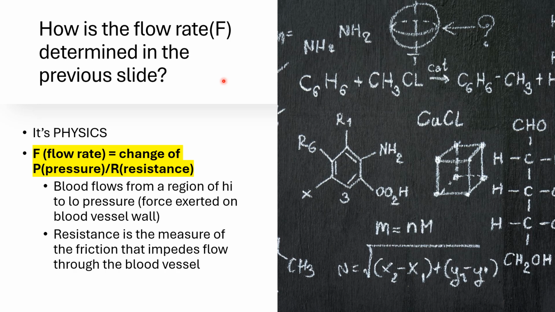There is an indirect relationship between flow rate and resistance. So what that means is as the resistance of the vessel goes up, the flow rate goes down. So that would be a bad thing. You don't want the flow rate to go down unless you have an open wound.